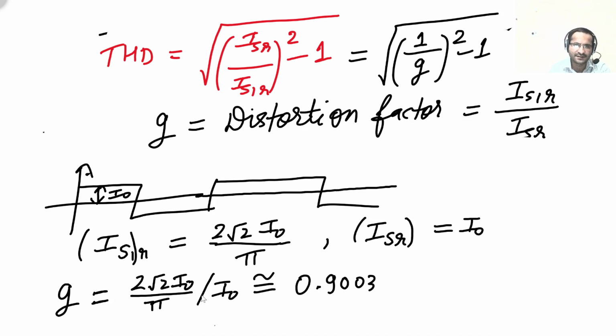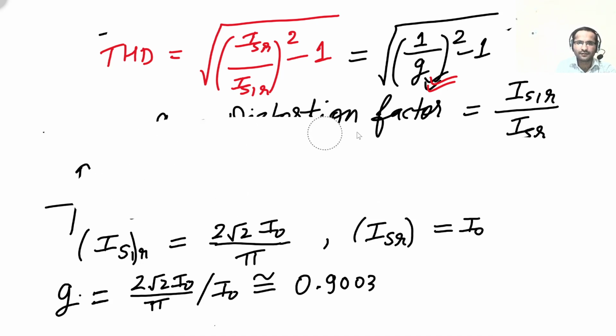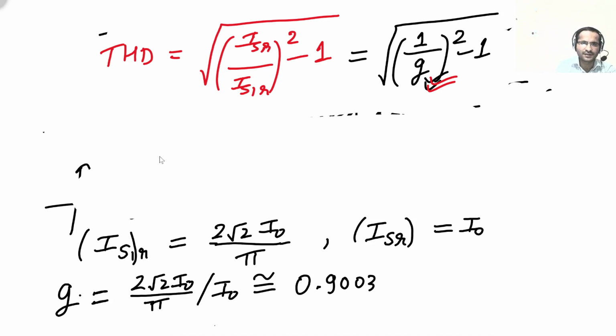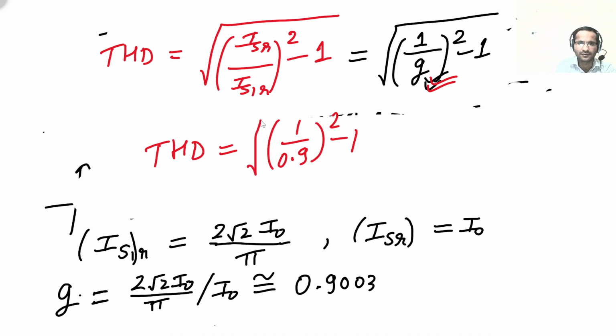Now if you replace this G value in the THD equation, you will get the THD value. Replacing 0.9 in the square root of 1 by 0.9 whole square minus 1, you will get 0.48. In percentage it is around 48%, with some decimal values.